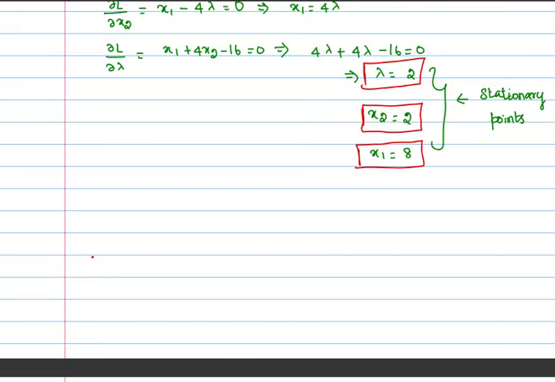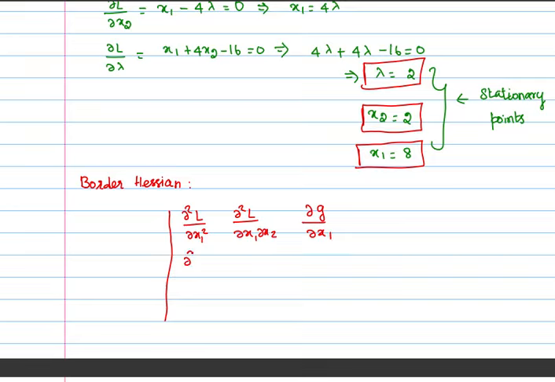So our bordered Hessian is the determinant of: ∂²L/∂x1², ∂²L/∂x1∂x2, then the first constraint, since we have only one constraint, ∂g/∂x1. Second row: ∂²L/∂x2∂x1, ∂²L/∂x2², ∂g/∂x2. Third row: ∂g/∂x1, ∂g/∂x2, and 0.